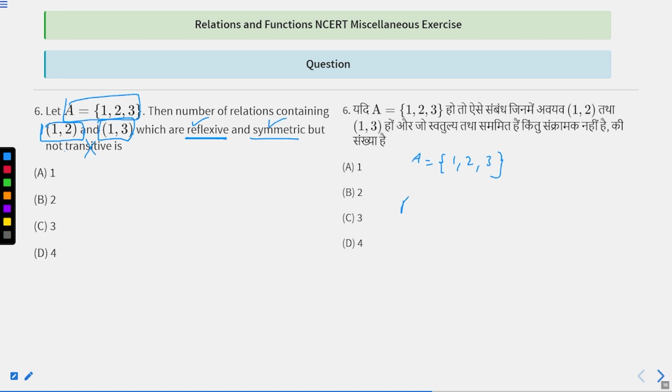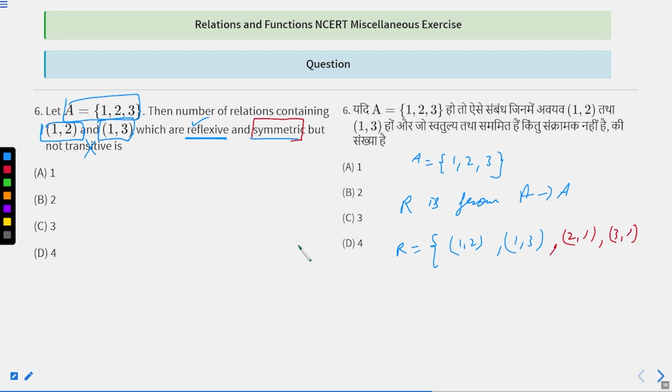Okay, let's make it. Suppose R is my relation, a relation from A to A. This means first of all 1, 2 and 1, 3 must be in my relation. Now because I have to make it symmetric, the 2, 1 and 3, 1 elements must be in this relation set.